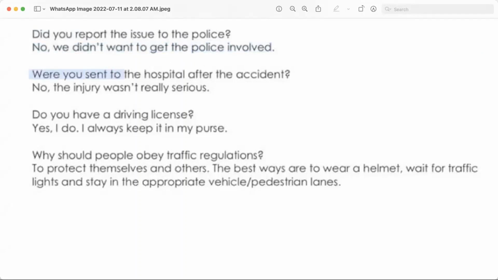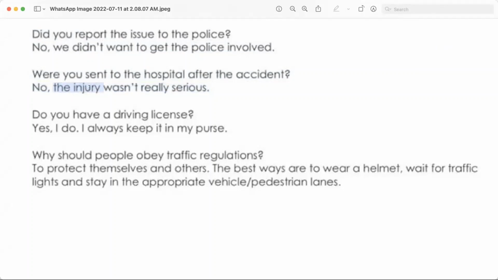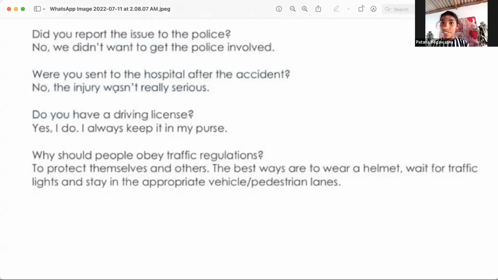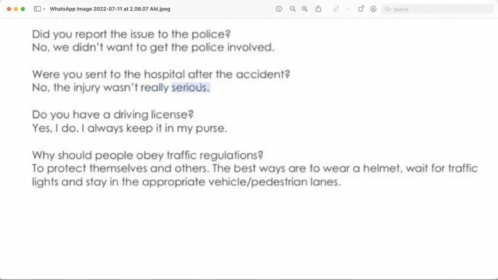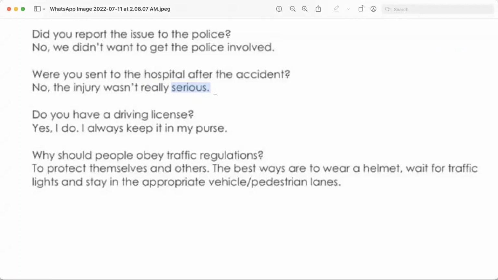Good. Were you sent to the hospital after the accident? No, the injury wasn't really serious.